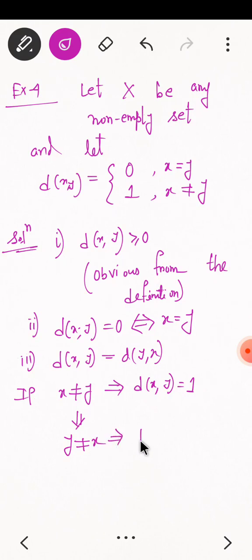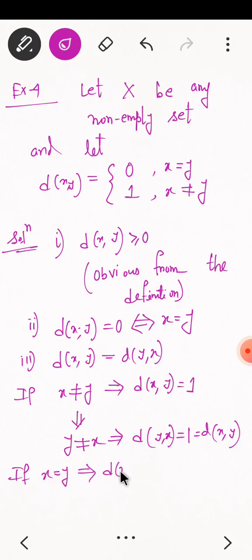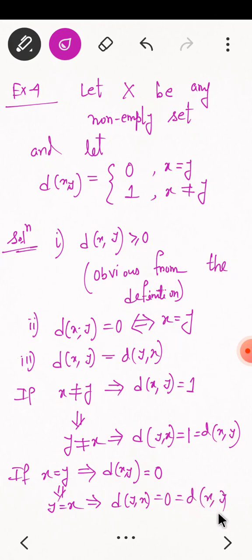So this implies that D of yx equal to 1, that is equal to D of xy. If x equal to y, then by definition we get D of xy equal to 0. If x equal to y, then y is also equal to x. So D of yx is also 0, that is equal to D of xy.